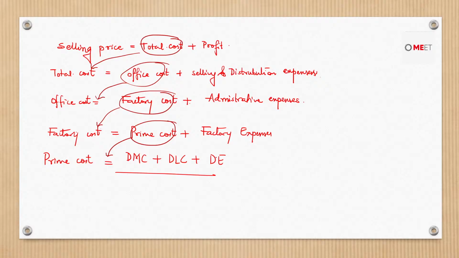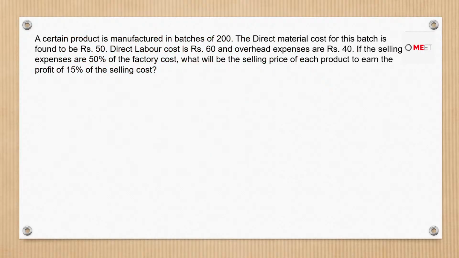Now let's see the numerical based on these formulas. This is the formula list. You can refer to it. Let's see the question. A certain product is to be manufactured in batches of 200. Direct material cost DMC for this batch is 50 rupees.